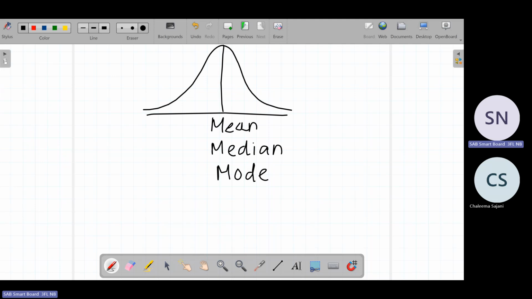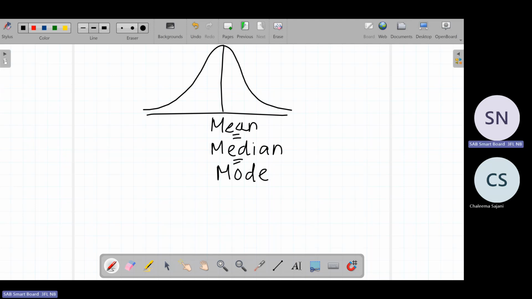Here, this central point represents all the 3 central tendency measurements. It means in the normal distribution, mean, median, mode, all these 3 values are the same, equal. Understood?